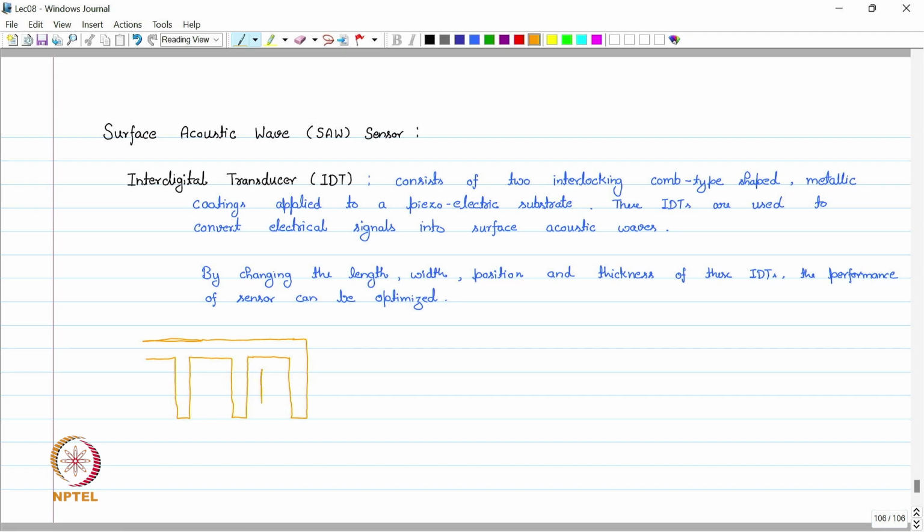So the other terminal is something like this. We can even put some color here.